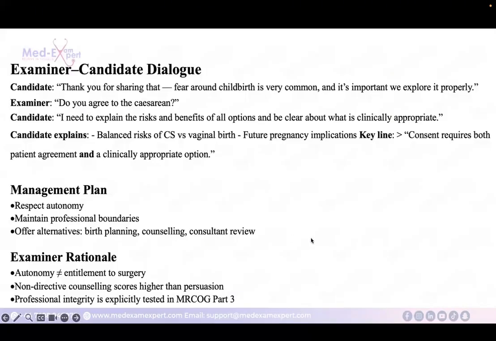So the examiner will ask you, do you agree to the cesarean section? And you will give the patient a cesarean section. So the candidate answer would be, I need to explain the risks and benefits of all options and be clear about what is clinically appropriate. And you will explain that you balance the risk of cesarean section versus vaginal birth, and also discuss the implications for future pregnancies.